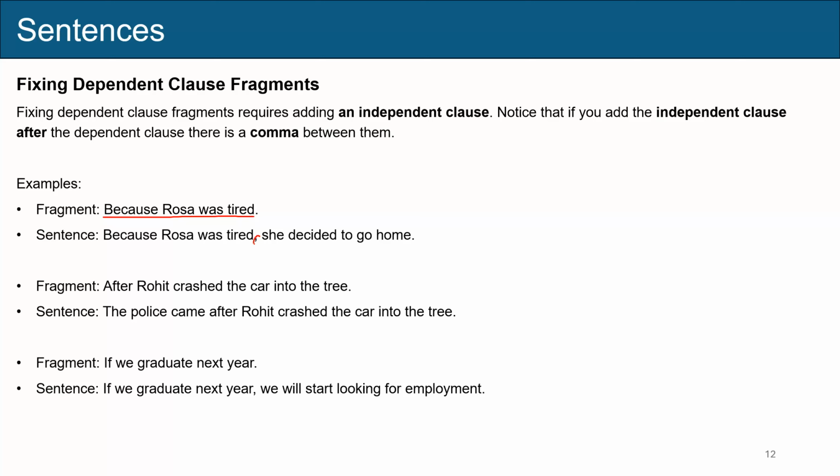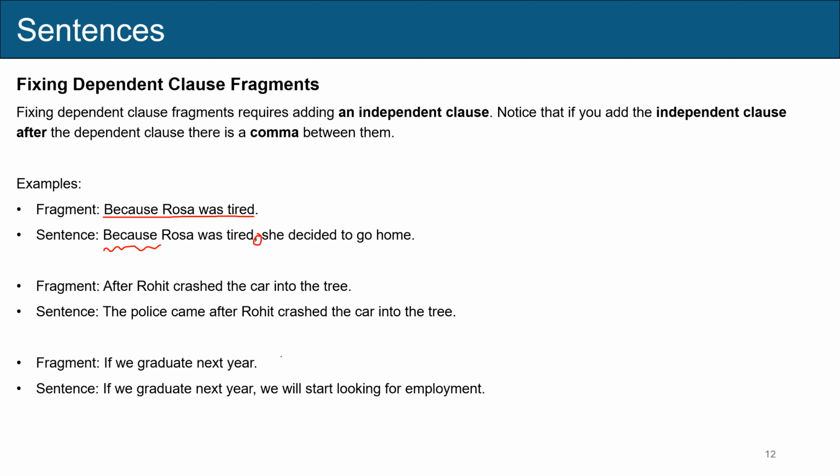Okay, and if we are starting with something that is a preposition, we're going to have that comma after the prepositional phrase. After Rohit crashed the car into the tree. Again, might be the answer to a question when we're talking to somebody, but in writing we need a complete thought. The police came after Rohit crashed the car into the tree.